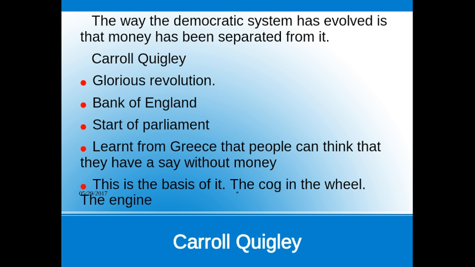So the democratic system has a big flaw in it. And this is what Carroll Quigley talks about in his book and a few speeches on carrollquigley.net. Some of those speeches have been sanitized. I saw them the first time. He definitely talked about how the banking system and the money was separated from the government, and it's only a fool who gets separated from his money, and this was the main point.